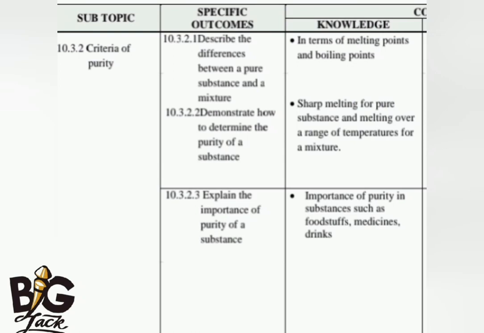Then substance Y has the melting point of -10 and the boiling point of 110 degrees Celsius. Then they are going to ask you which one of these is a pure substance. Now here I was saying a pure substance has the melting point of 0 degrees Celsius, then the boiling point of 100 degrees Celsius, which means X is going to be what?